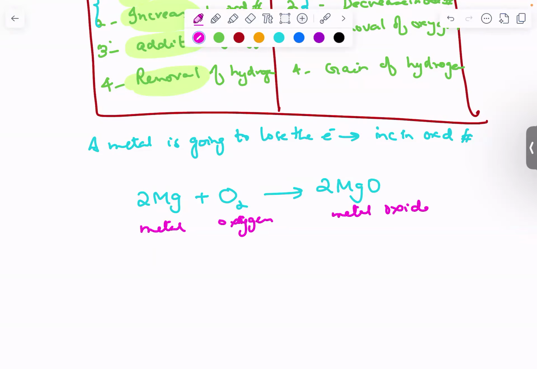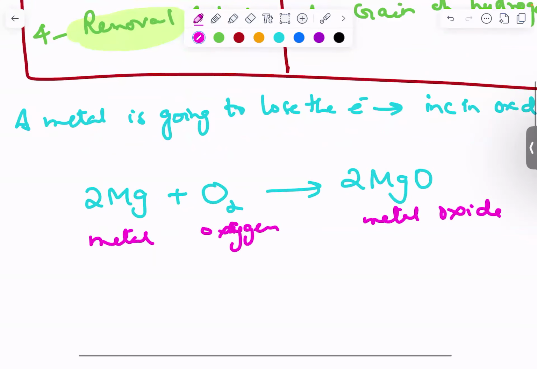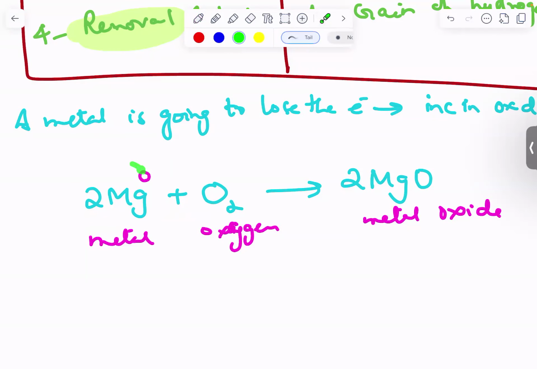Now, if we look closely at it, anything which is present in the periodic table has an oxidation number of 0. Got it? You know that it's an ionic bond because whenever a bond is formed between a metal and a non-metal, I remember I have already taught you this.